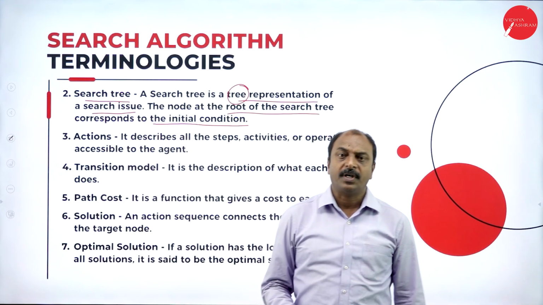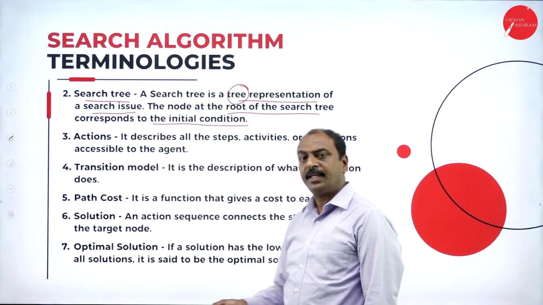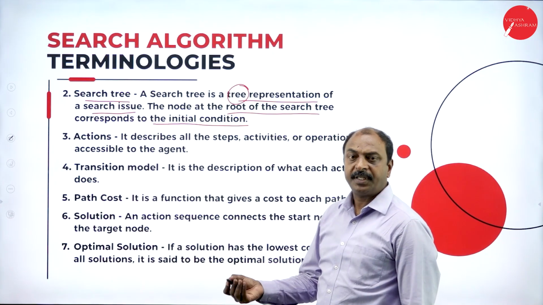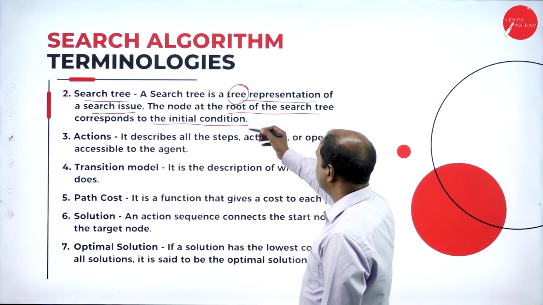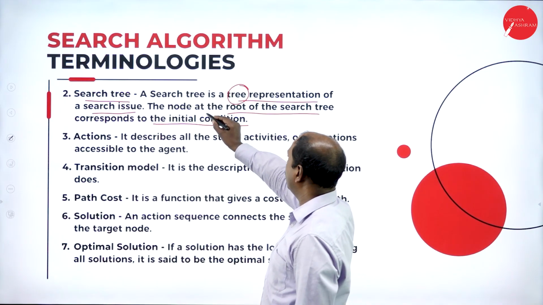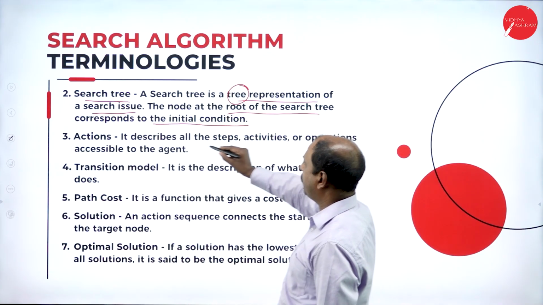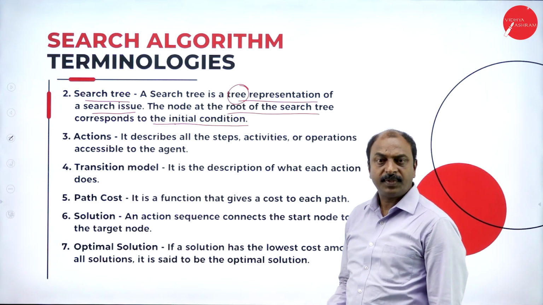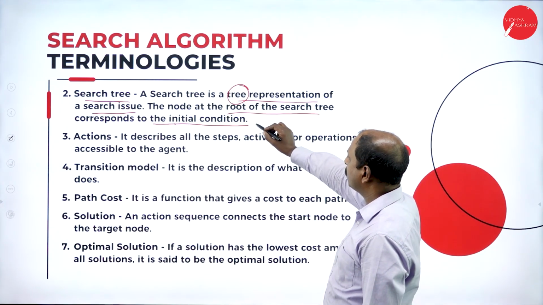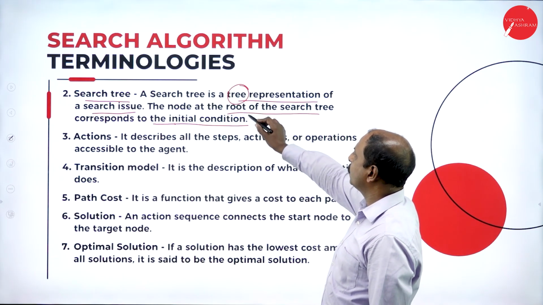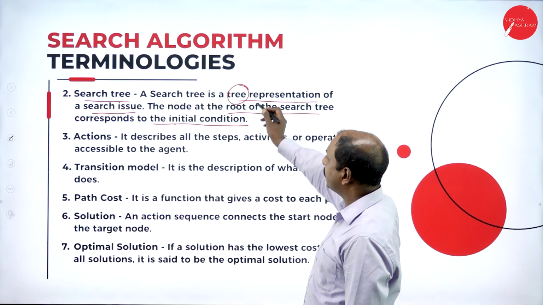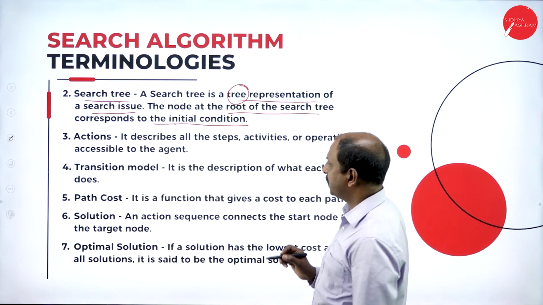Tree and graphs are examples of non-linear data structures, and in a tree all the elements we represent in the form of nodes. So that is the meaning here: the node at the root of the search tree corresponds to the initial condition. In other words, we can say the search starts from the root, or the root is the first node of the tree. This is a non-linear data structure.